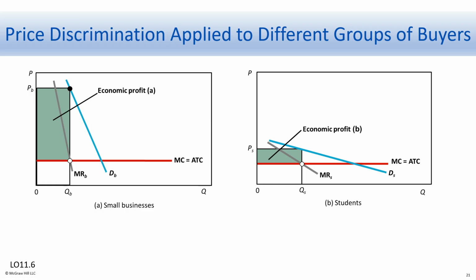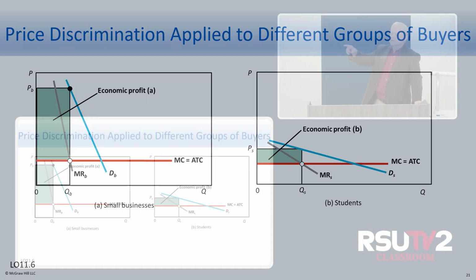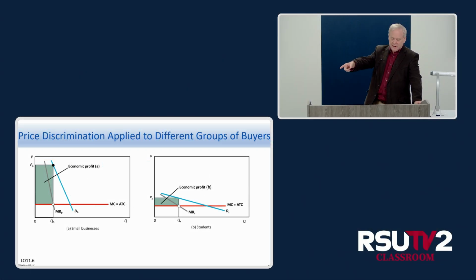They're willing to pay a higher price. So if you've developed this neat, snazzy app and you can segregate the market between students and small businesses, you would, because you're going to expand profit and charge a price in each market that'll give you a maximum profit.